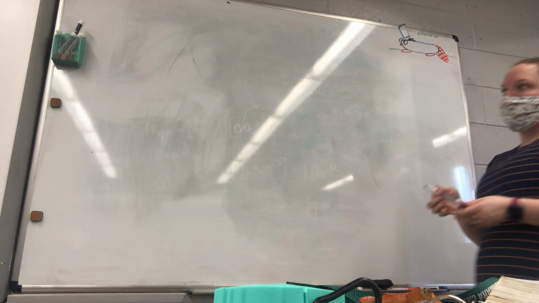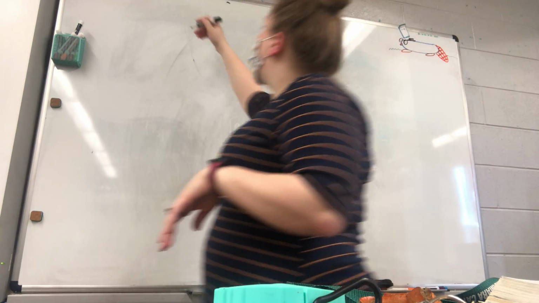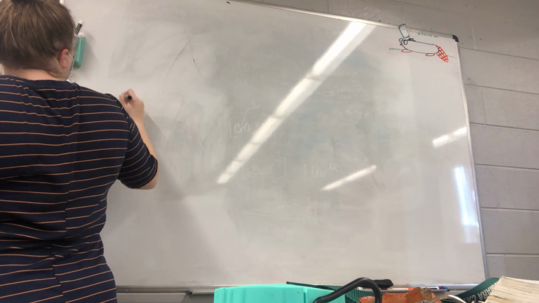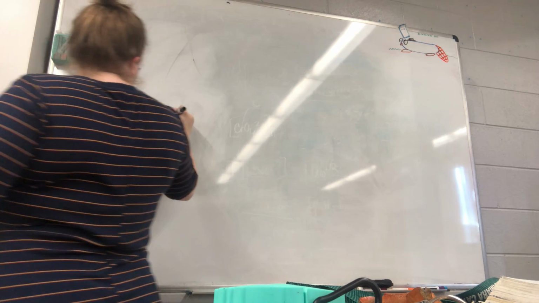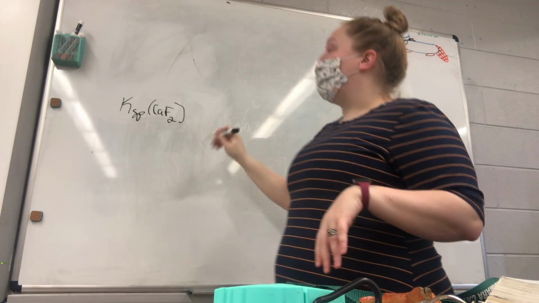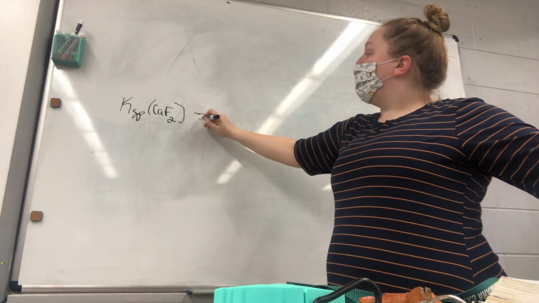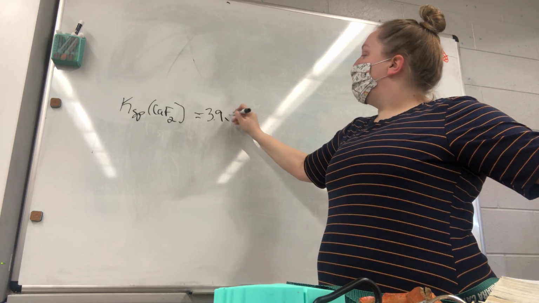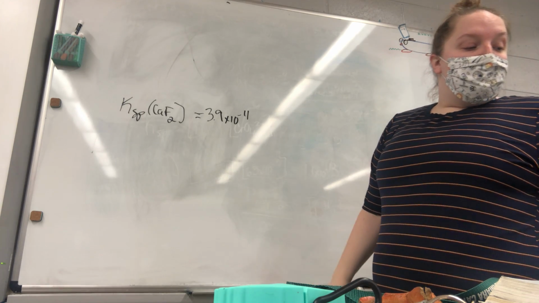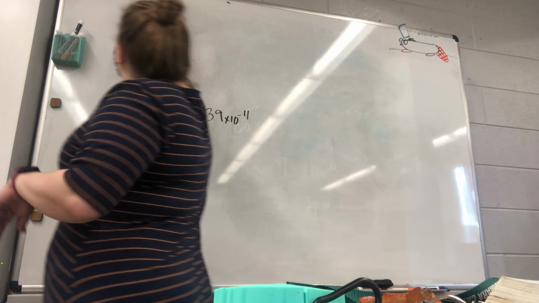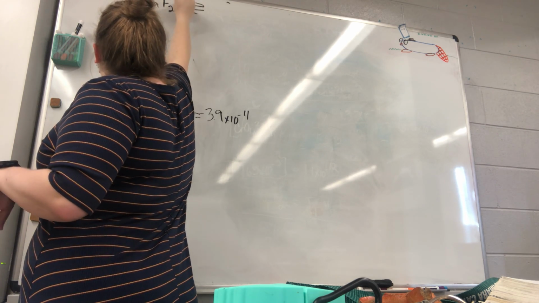The KSP questions are usually long worded but easy solutions. All right, number 2 says the KSP for calcium fluoride is given to be 3.9 times 10 to the negative 11th. We're assuming that CaF2 dissociates.